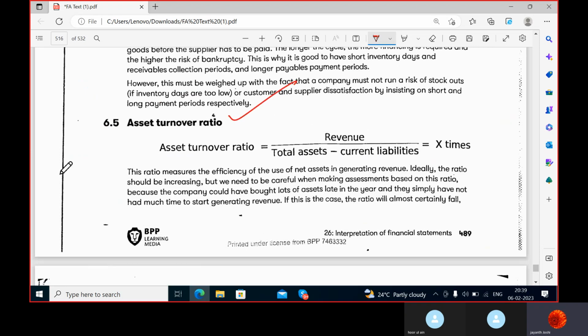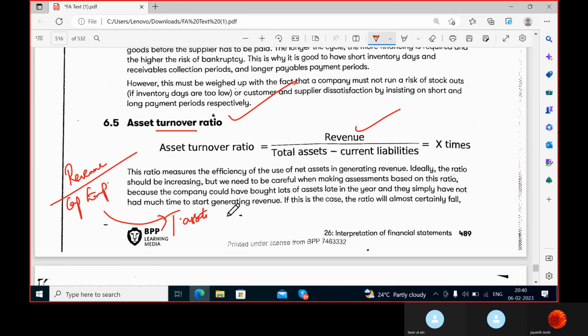Generally when I speak about the word turnover, what comes into your mind? Revenue, correct? Revenue is nothing but sales. So revenue whole divided by capital employed. I will say capital employed is nothing but total assets minus current liabilities. So this is your balance sheet, total of assets, and this is total of liabilities plus equity.